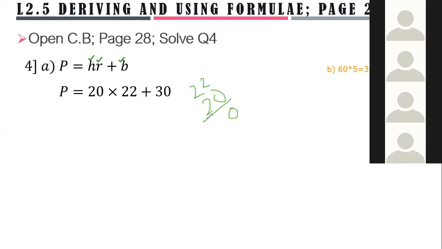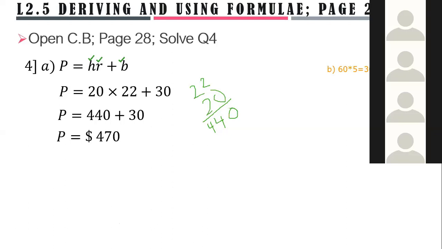I'm just going to put it down. 2 times 2 is 4. And 2 times 2 is 4. So this will become 440. 440 plus 30 is 470. Excellent job. So they're going to pay him $470. Thank you very much, Sarah.